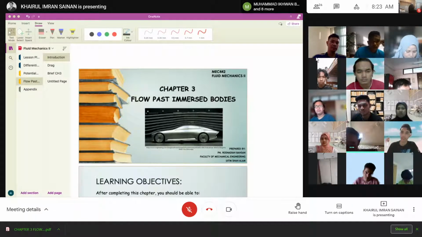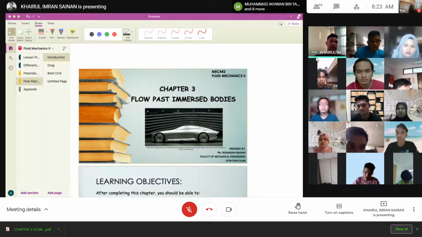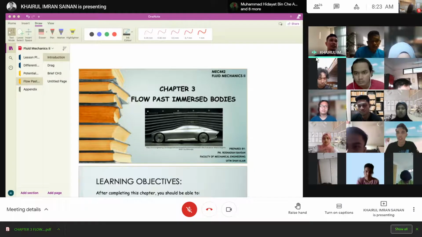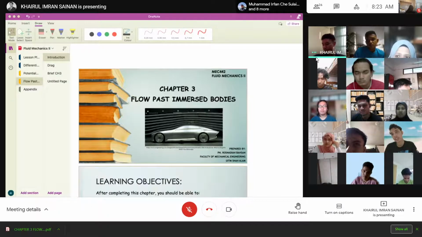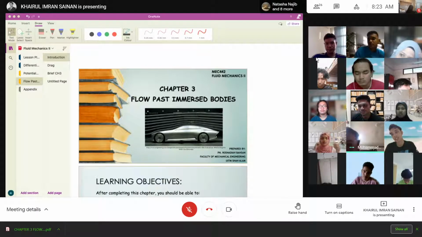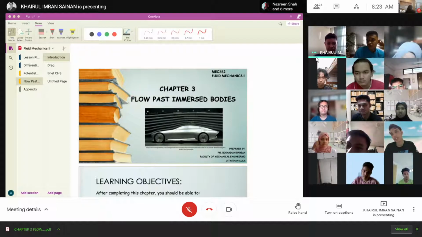Not clear, sir. Aircraft body, right? For aircraft geometry, we try to design it to achieve what actually? What force? Okay, lift, right? Yes, lift.